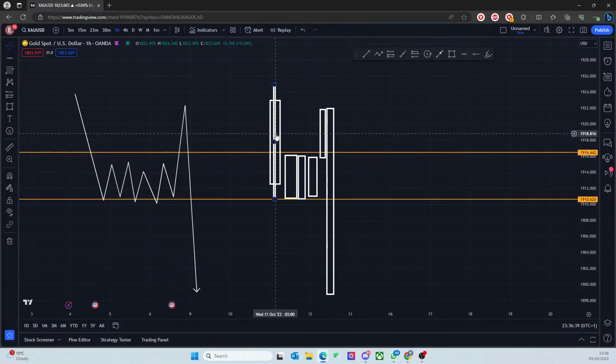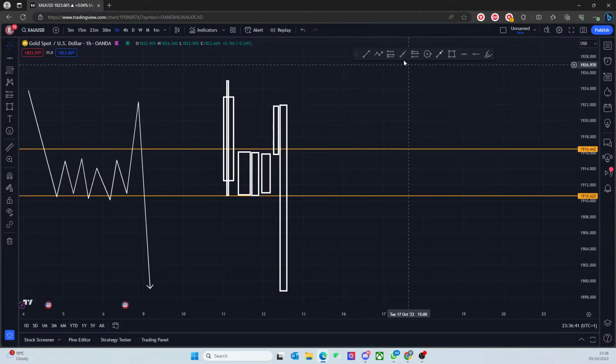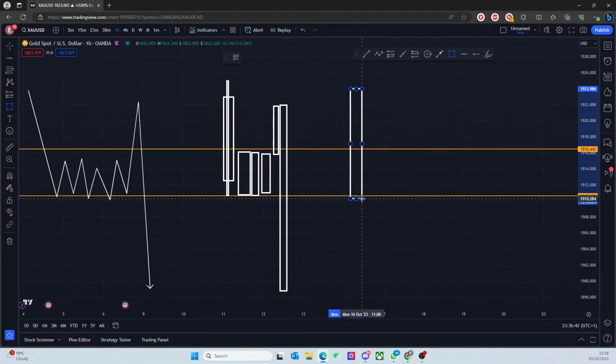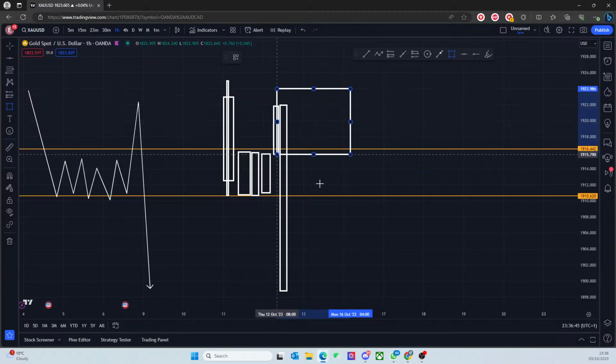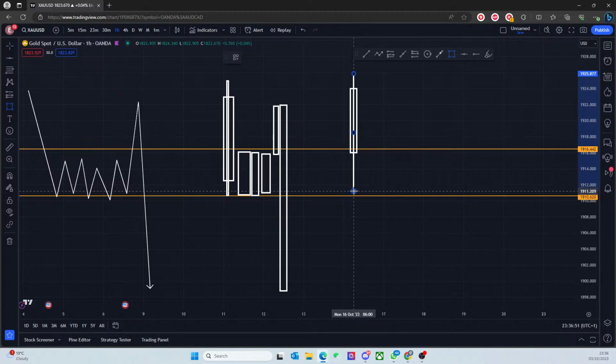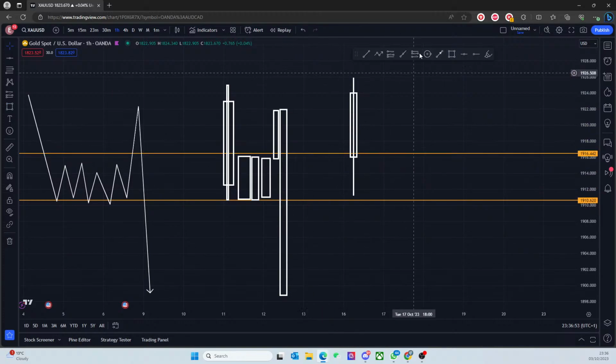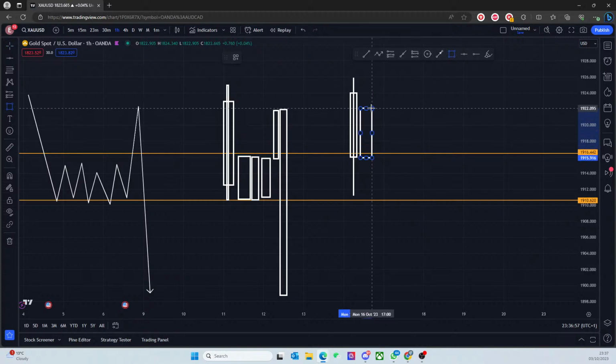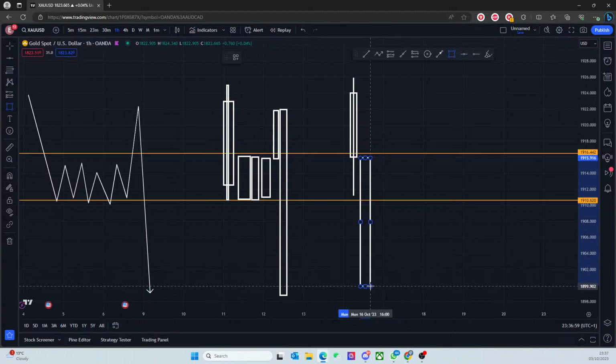So if this is your lower time frame chart, your higher time frame chart could be just this, right? You come down, maybe you closed here, but you're breaking below. So we can mark this up like this. Your next candle is doing this, coming up, coming down, right?